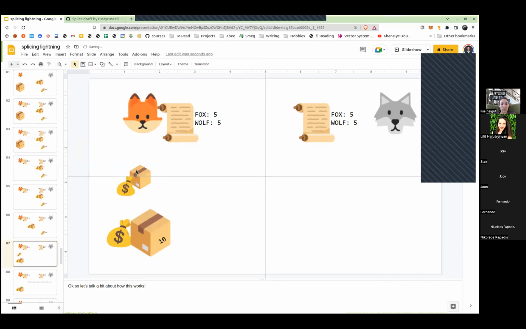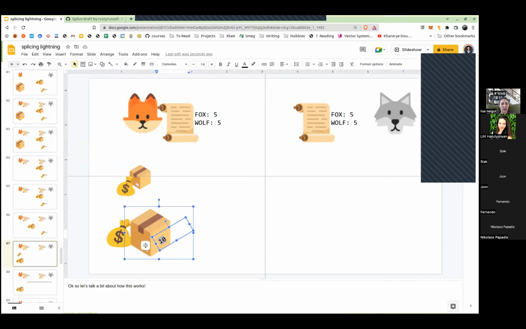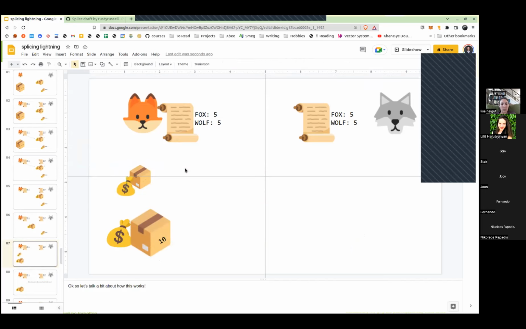So you start with this channel output and let's say you wanted to add another 2 Bitcoin to this channel for whatever reason. Then you would be able to splice these together into a bigger object.